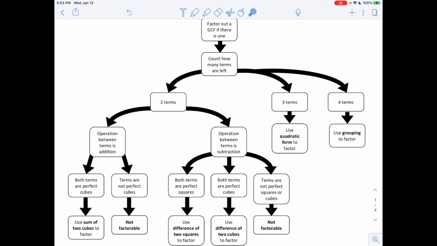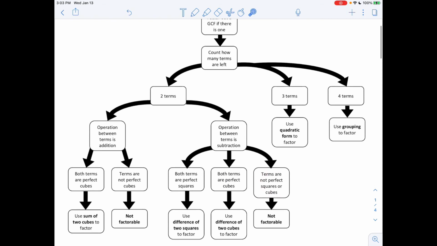We want to ask ourselves if both terms are perfect squares, perfect cubes, or neither. And I have a y squared, that's the perfect square of y, and then 16 is the perfect square of 4. So I do have subtraction, and both terms are perfect squares. I'm going to use difference of two squares to factor this.